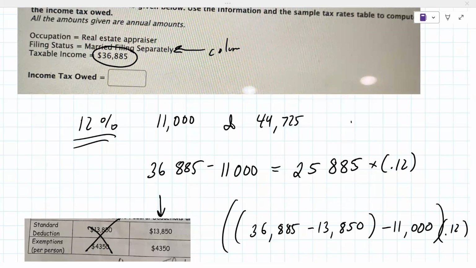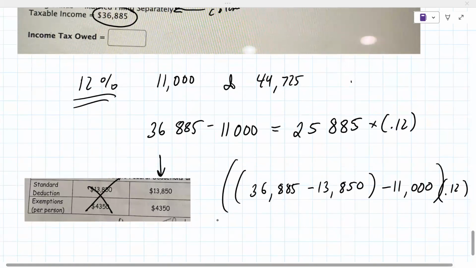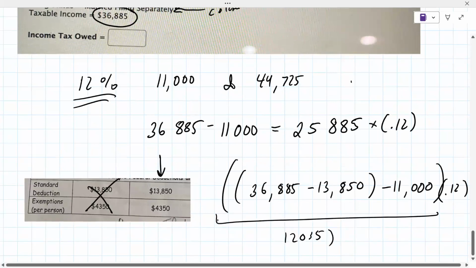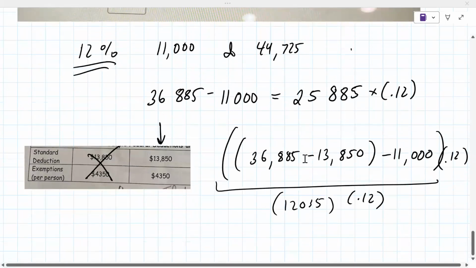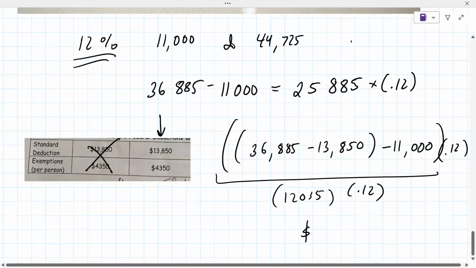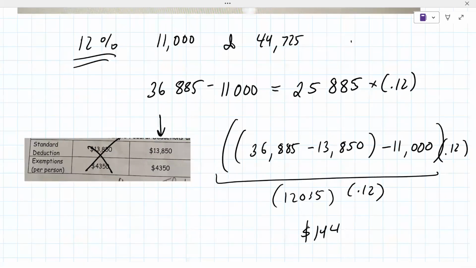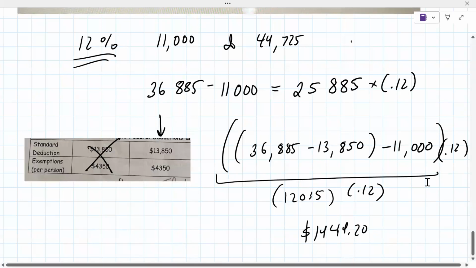So this ends up being that you only are paying taxes on 12,035 times 0.12, which ends up being 14,000. I'm sorry, not 14,000, $1,444.20.